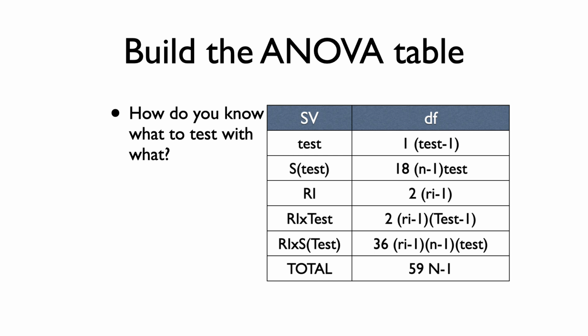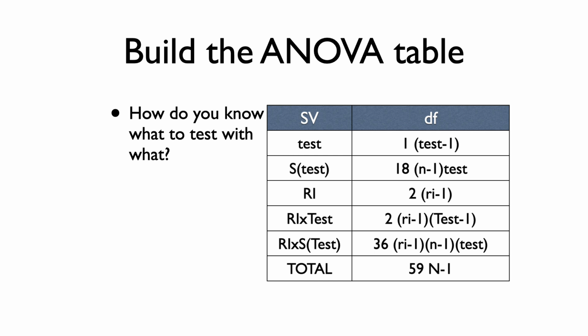So if you go back and take a look at that, there is one between subjects variable. We know it's a between subjects variable because different subjects get different levels of test type. One group gets the implicit level, the other group gets the explicit level. Make sense? Okay. So we list that first.